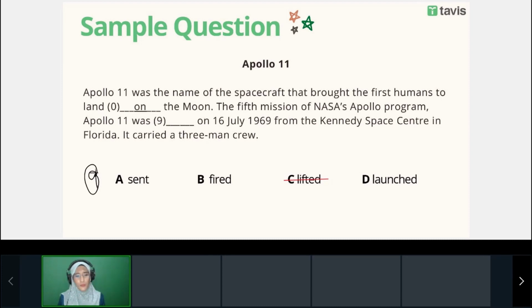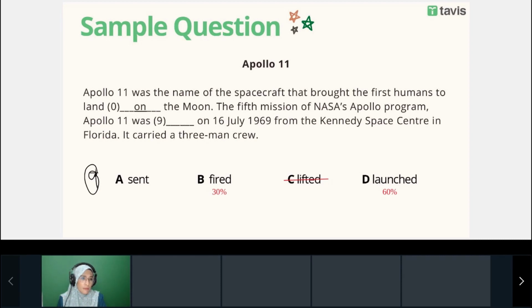It's always related to rockets, right? When it comes to the word launch, it's related to rocket or space. So I would put a figure, at least a percentage. Maybe you could say this one is around 60%. You think it's 60%? Okay, fine, 60%. If you think fired, maybe fired is around 30%.